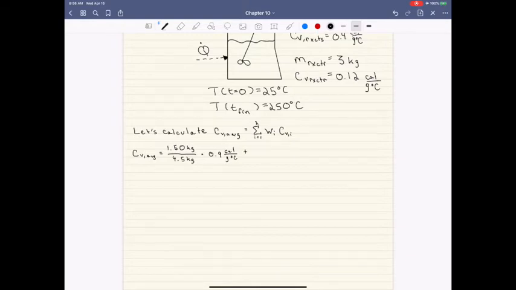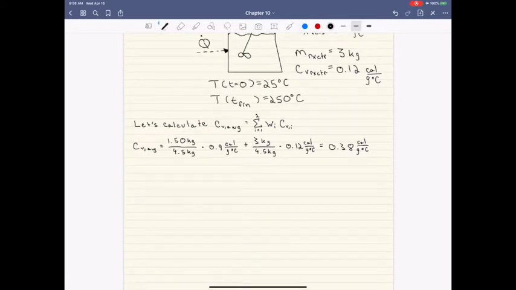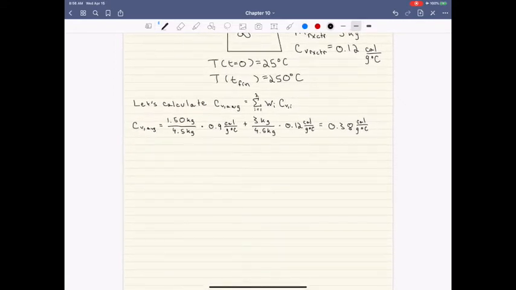And then I add on the weight fraction of the vessel itself times the heat capacity of the vessel. By taking this weighted average, I get a CV average of 0.38 calories per gram per Celsius. This will help us simplify the energy balance coming up.